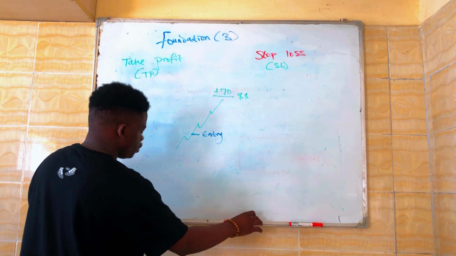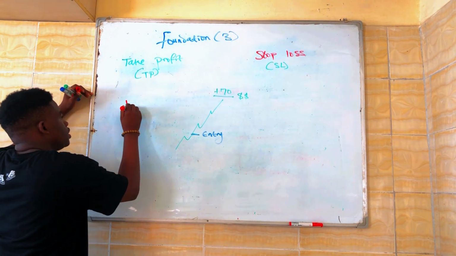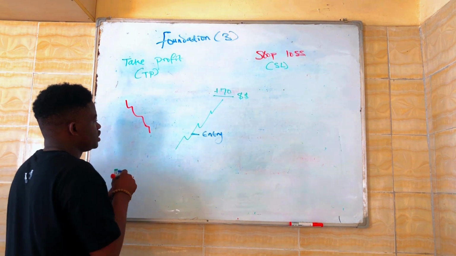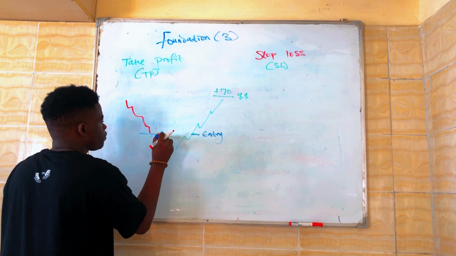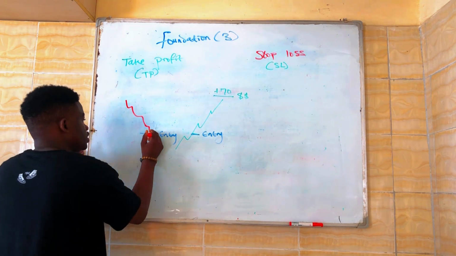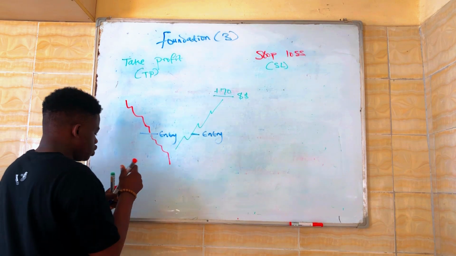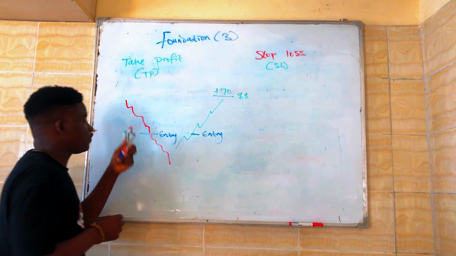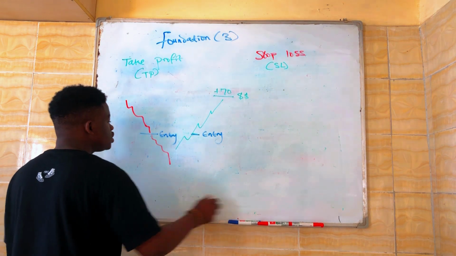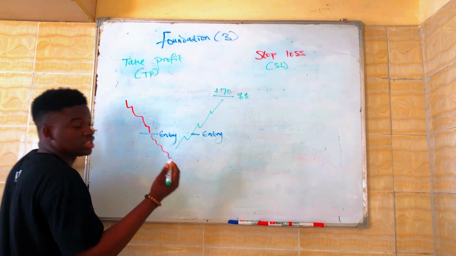Now, let's say the market is going in a downtrend, right? It's going in a downtrend, and then you happen to enter at this point, entry. And you want to sell the market. Or, I mean, you're selling, of course. Now, what you're telling your broker is, oh, I analyzed for a sell on this trade, and then the market is going in my direction. So since it's going in my direction, that means my analysis is correct.